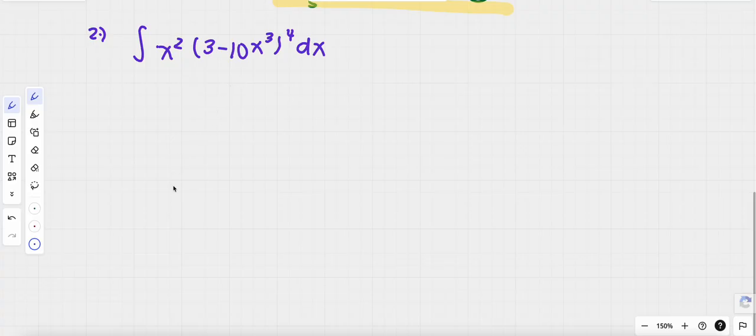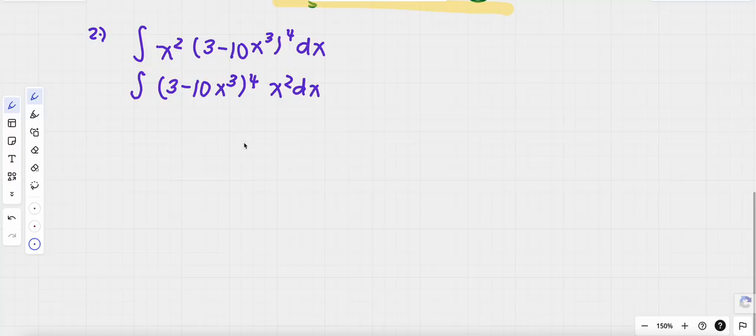Well, you are partly correct. So let's try to rearrange the sequence of these. We can rewrite this as the integral of 3 minus 10 x cubed raised to the power of 4 times x squared dx. Right.